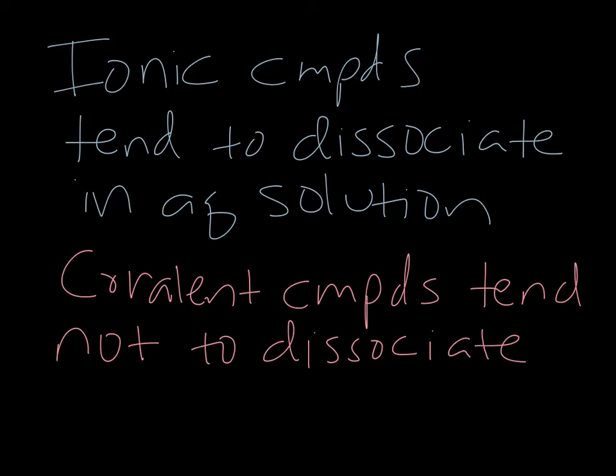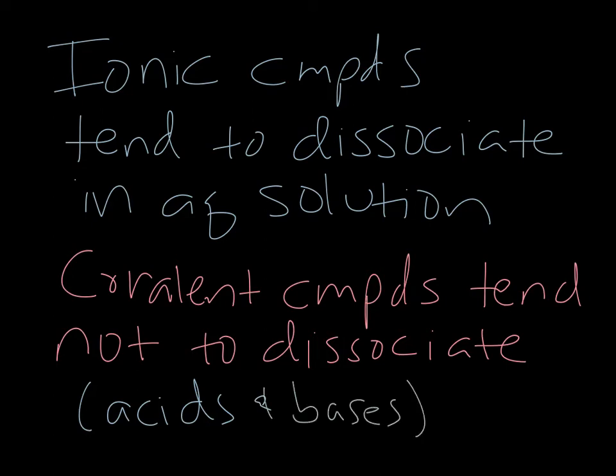There are some exceptions to this, and that is acids and bases. We're going to cover that when we get to a later chapter. So the summary is that ionic compounds will dissociate to give their ions, and covalent compounds will stick together in solution, so they will not dissociate.